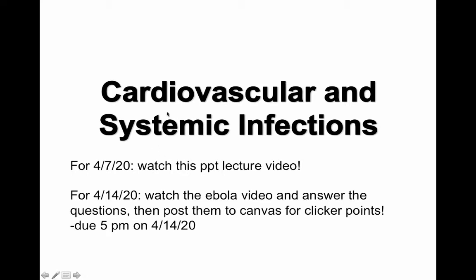Systemic also refers to the fact that if something is infecting the cardiovascular system, or if you have, for example, germs or pathogens circulating in your blood, blood vessels and veins, this is going to be widespread, system-wide. So a systemic infection is system-wide, a body-wide type infection.